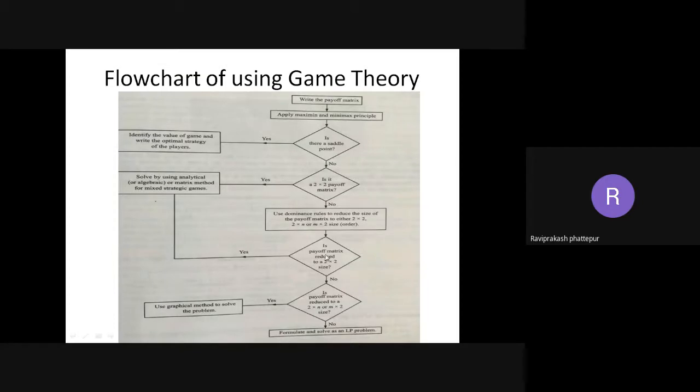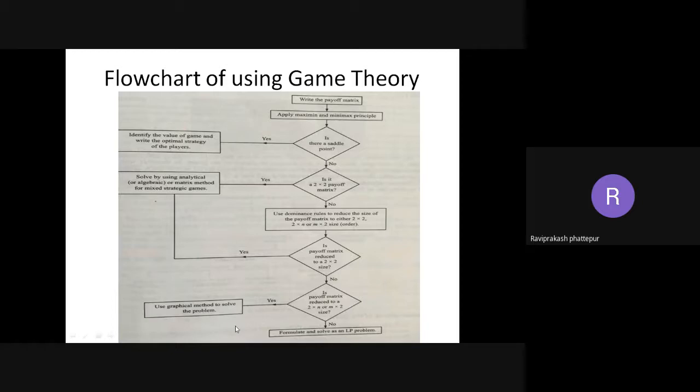Coming back here, is the payoff matrix reduced to 2 cross 2 size? If yes, go back and use the analytical method or matrix method to solve the sum. If not, is the payoff matrix reduced to 2 cross n or m cross 2 size?